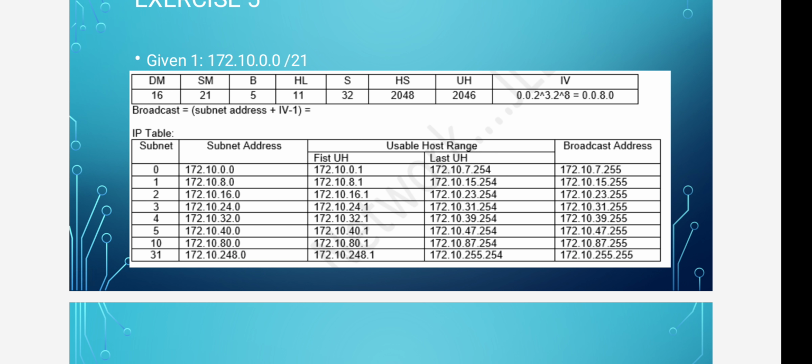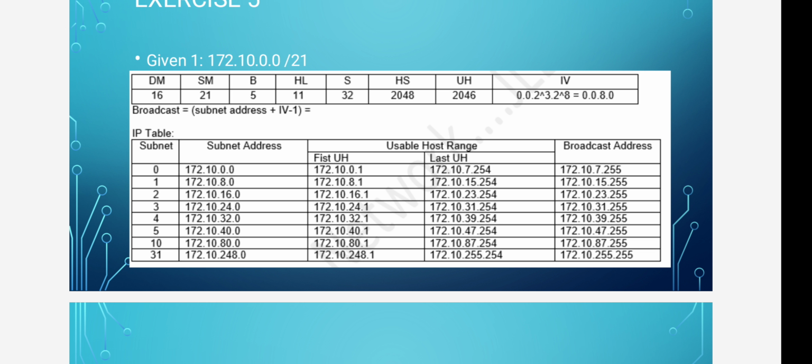All you just need is get the first default mask, first default subnet address. It is 172.10.0.0 plus increment value para mag-up din yung subnet natin para mapunta sa 1 ang subnet natin.